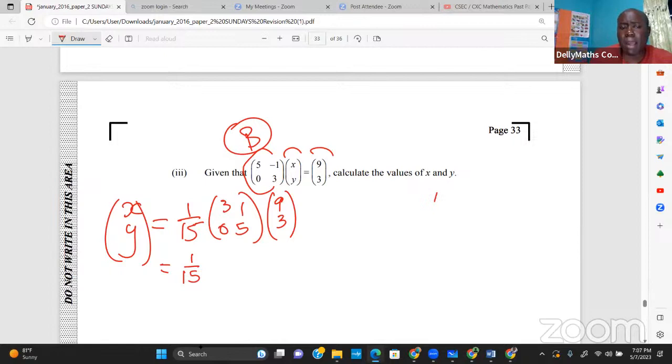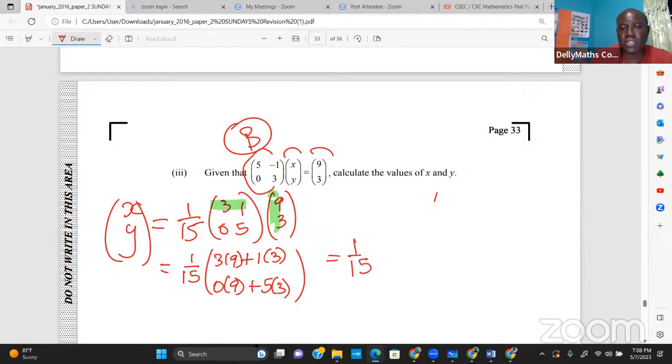Do your row by column. So it's going to be 3 times 9 plus 1 times 3. Now the next row, 0 times 9 plus 5 times 3. Let's put everything together.